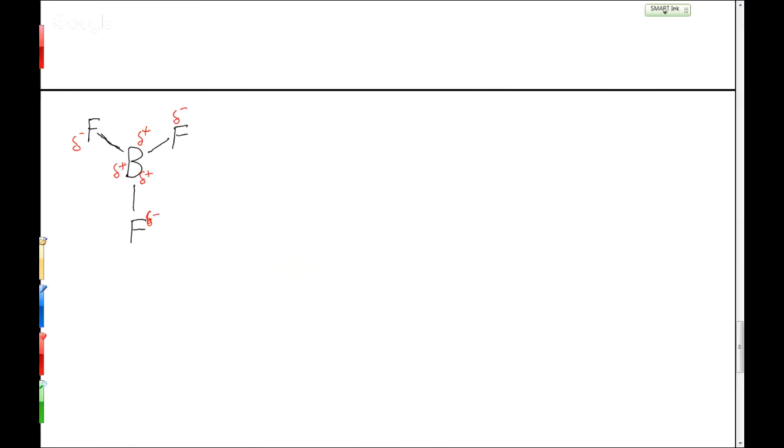Okay, so now we've got our polar bonds there, and we can also draw in those vectors that we talked about, showing the electrons being pulled toward fluorine in 3 different directions. So do you think when we add those up that there will be an overall polarity to this molecule or not? Do you see a positive side and a negative side?